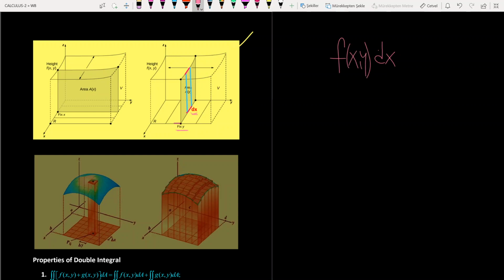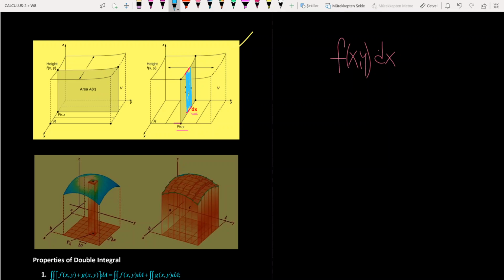If you multiply f of x, y by dx, you will have the area of this blue rectangle, and if you add up all these blue rectangles, you will find the area of this thin slice.